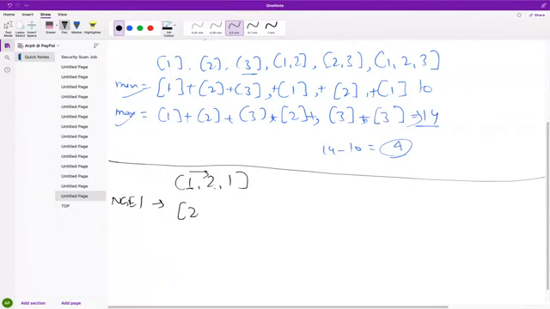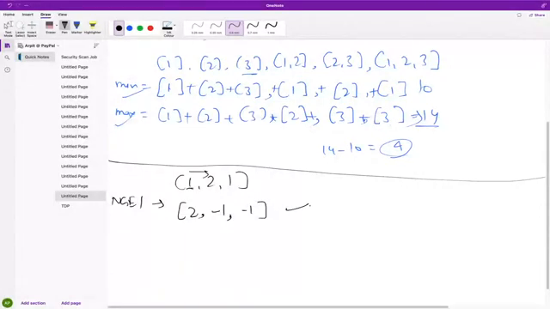I'm right now talking about values, not indexes, guys. For 1, the next greater value would be 2. For 2 there is no greater value, so we'll put -1. Same goes for the last 1. There is no greater value, so we'll put -1. Everyone agrees with that?